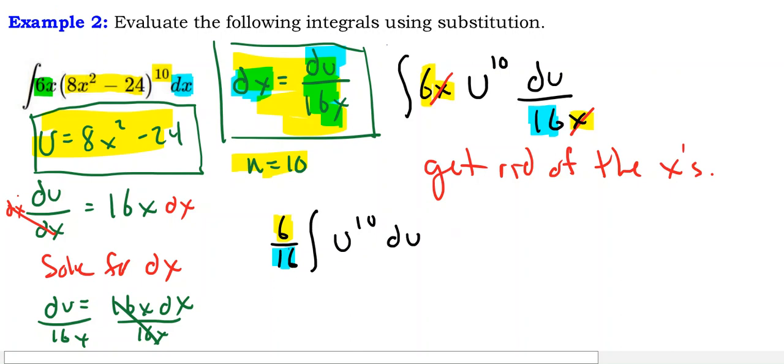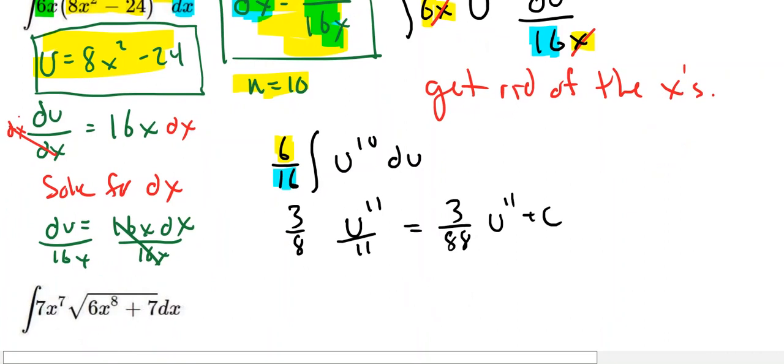This reduces to 3/8. And then u to the 10th using the power rule would be u to the 11th divided by 11, which is going to be 3 over 88, 8 times 11, times u to the 11th plus c. Now what was u?